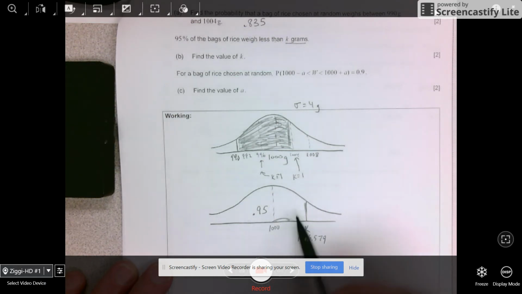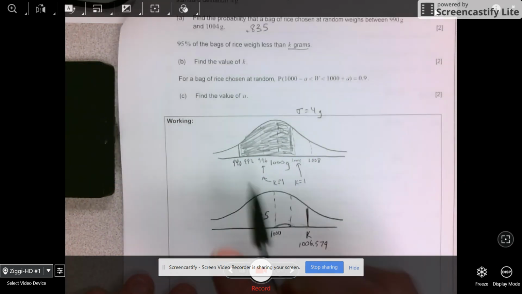Find the value A such that, for rice chosen at random, the probability of being between 1,000 minus some value and 1,000 plus some value is 0.9. Again, make a curve. It doesn't take that long.